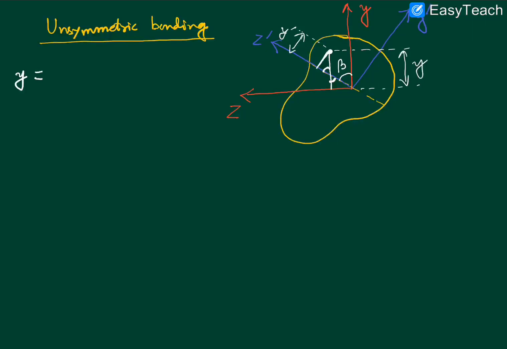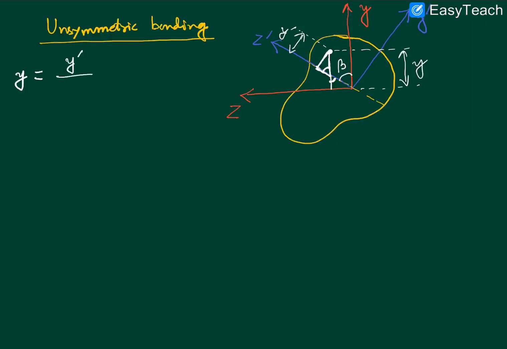That can easily be done by considering, first of all, this triangle. So we are considering this particular triangle first of all. My y will be composed of this length and then this length. First of all, to denote this particular length, I will use my y dash.